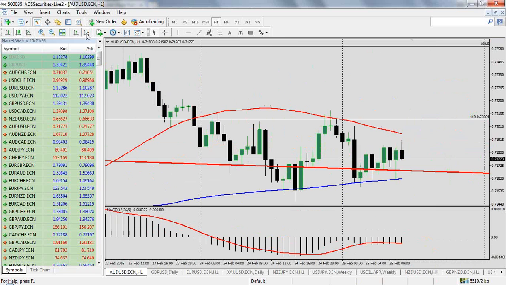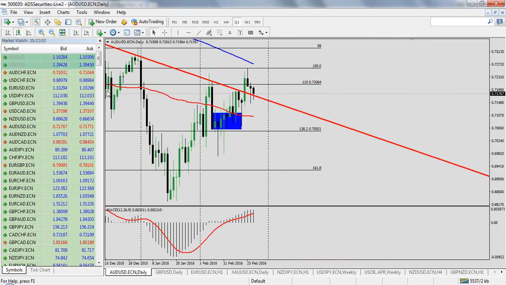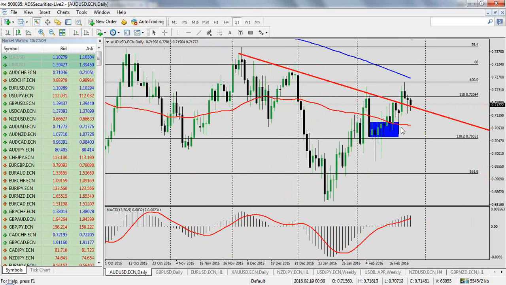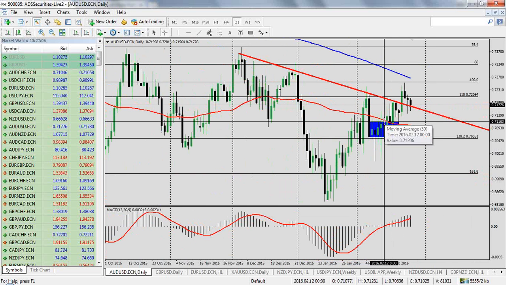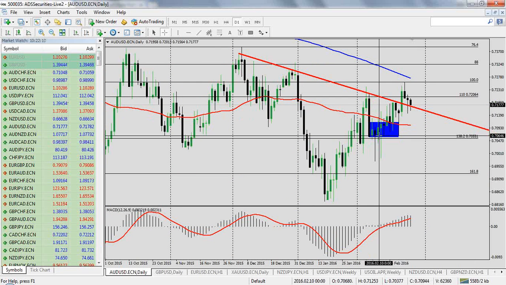Now, let's look onto Aussie dollar to see what's really happening on this pair. So if we look at the Aussie dollar carefully, we previously said that for the last week, the level between 0.7120 and 0.7050, 60 levels is going to be a major support resistance level.